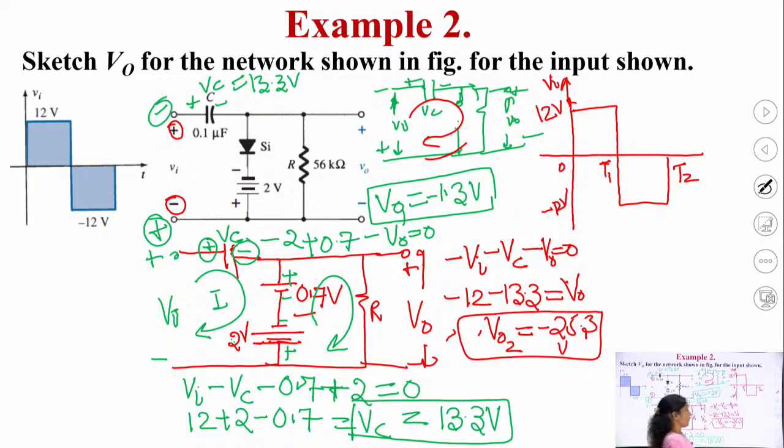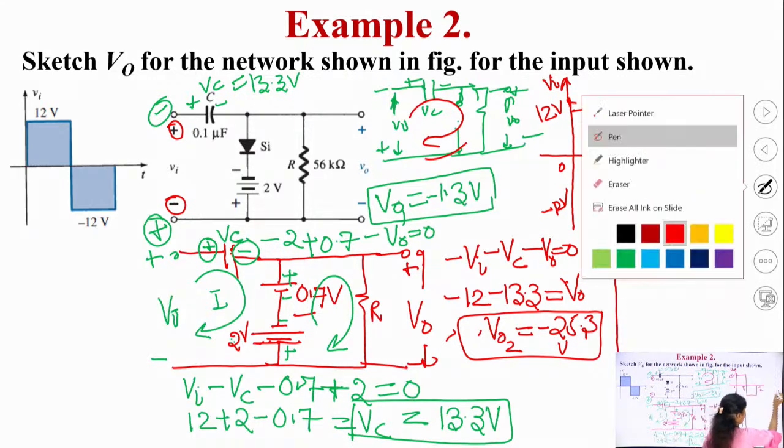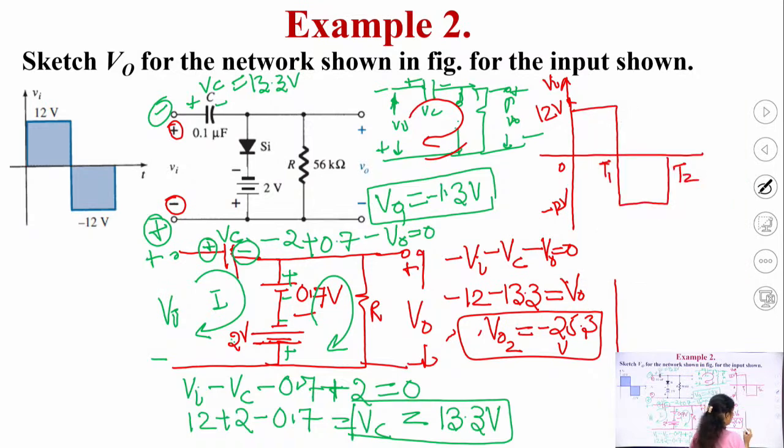Okay. So, now let us see. I am drawing your original signal with the actual DC voltage. This was your actual DC voltage and this was your signal.